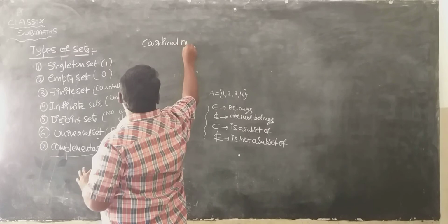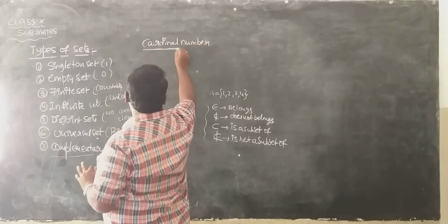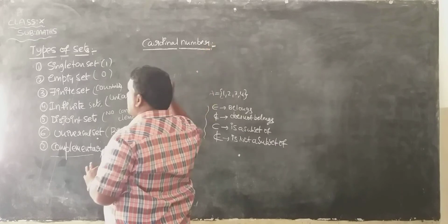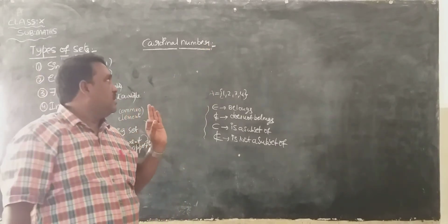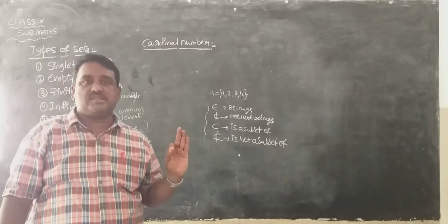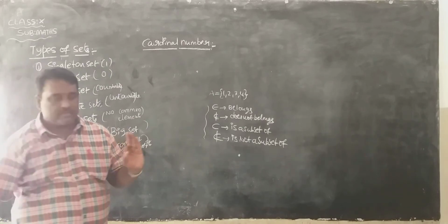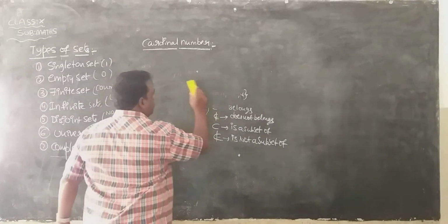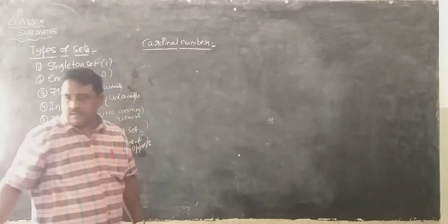Before types of sets, a small definition is there. Cardinal number. So what do you mean by cardinal number?